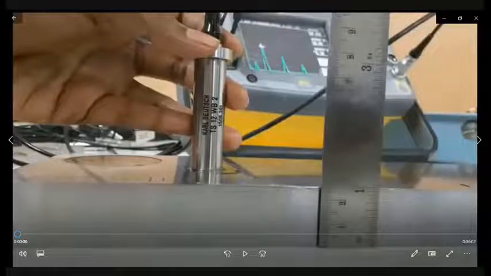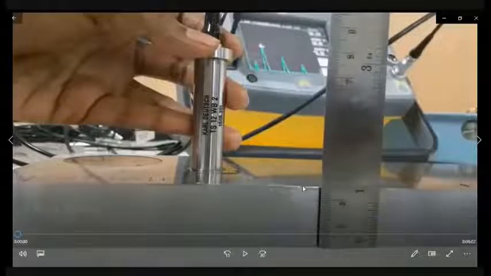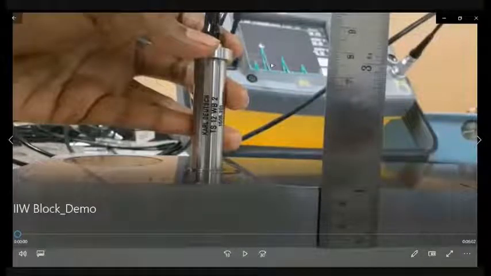Using that thickness, you would also be able to calibrate the x-axis of the display, that is the time base, right? Because if you get a signal from this thickness, then it should come at 25 mm on the display. If it is coming right at 25 mm, then you know that your transducer is calibrated.